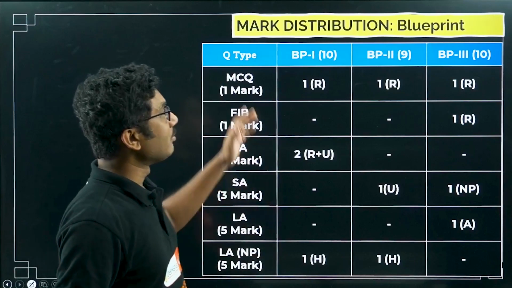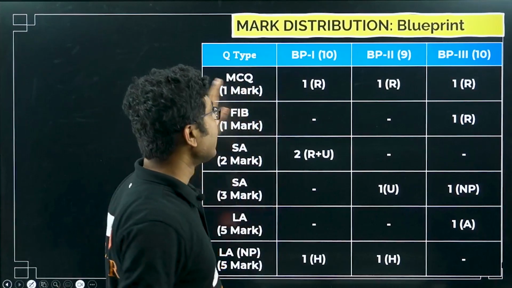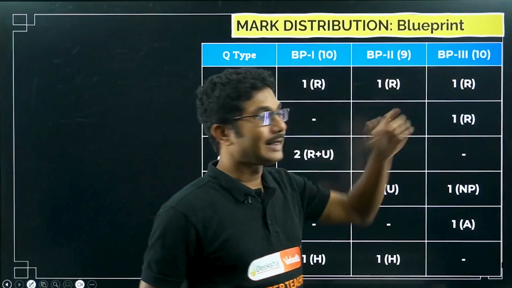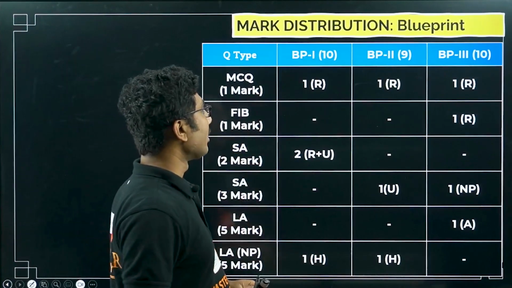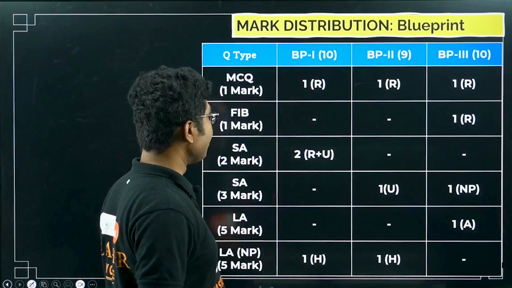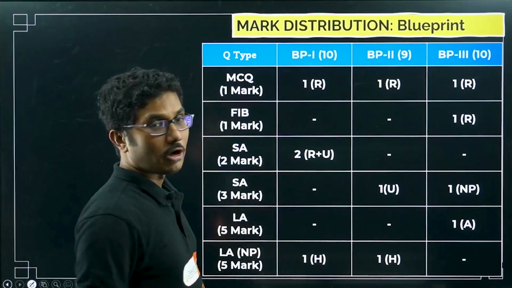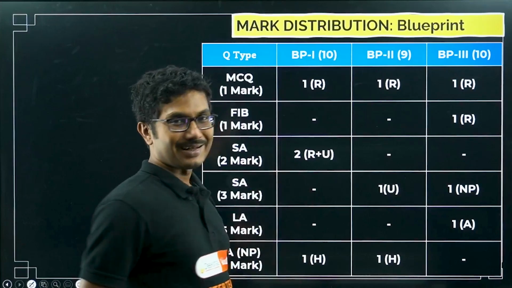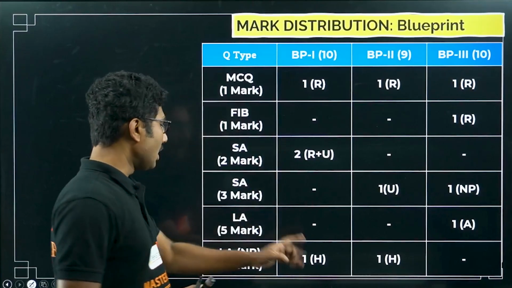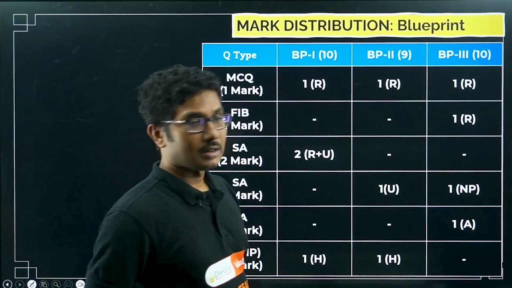So if you see, the blueprints are giving about 10 marks, 9 marks and 10 marks in the 3 blueprints. The first blueprint says there will be only one MCQ from this chapter, 2 short answer type questions, one remembering type, one slightly understanding type, and one long answer type numerical question.